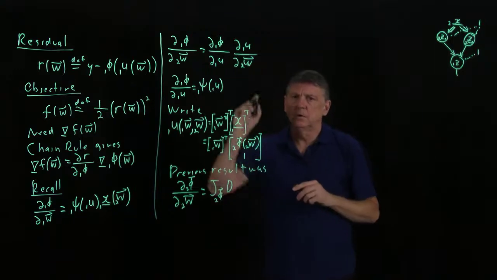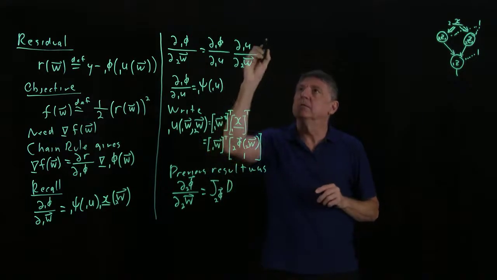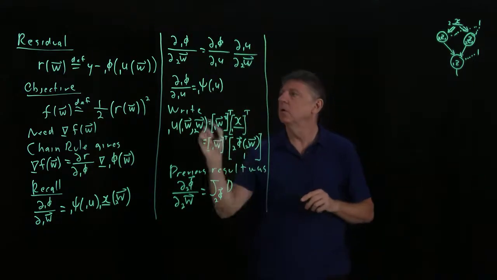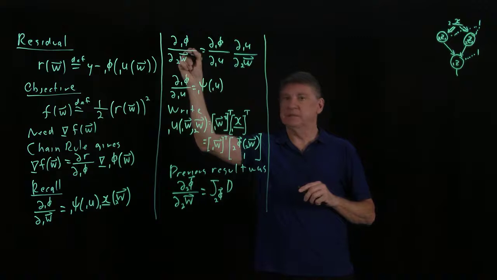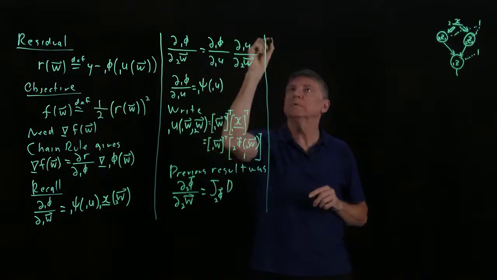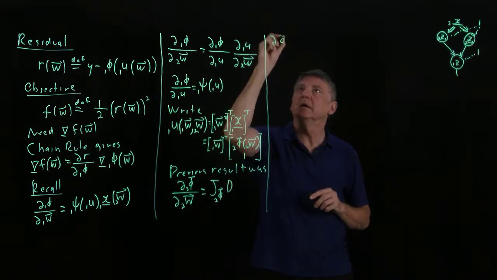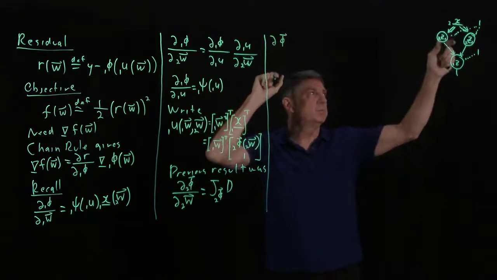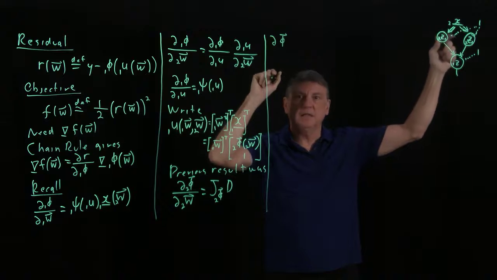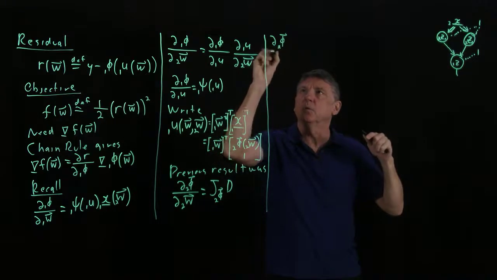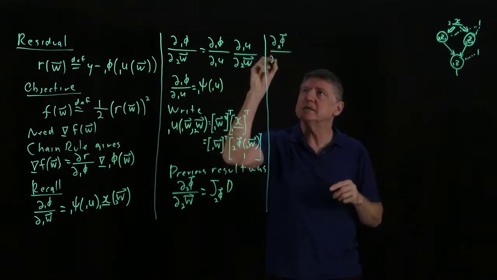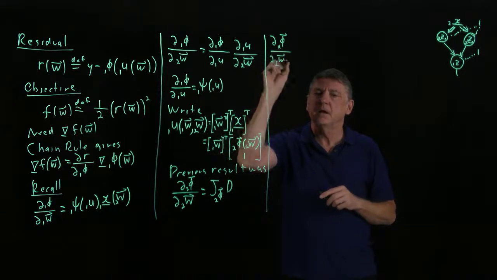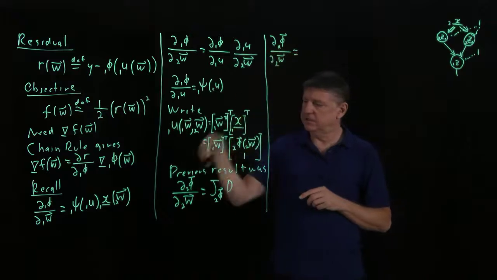So now we can combine these, and now we can write the rate of change of the outputs of the hidden layer with respect to the weights of the hidden layer as this Jacobian.